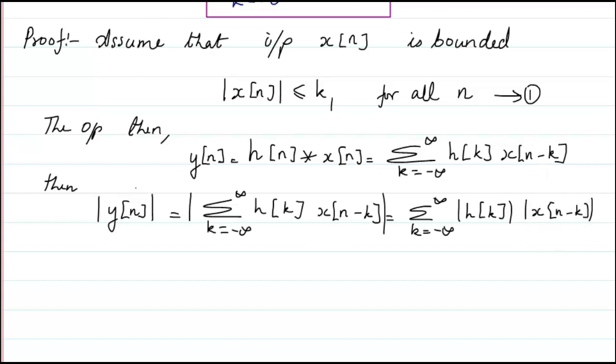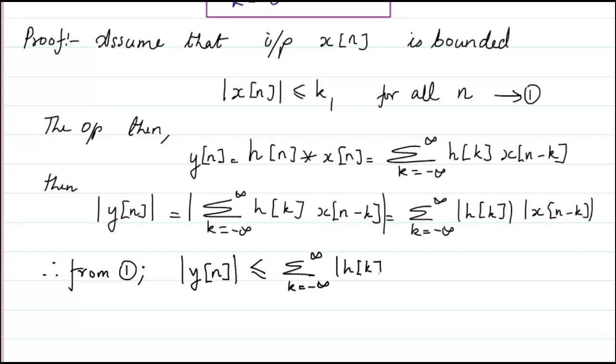Therefore, from equation 1, I can say that the absolute value of y of n will be less than or equal to the summation k equal to minus infinity to infinity of h of k, and here I am going to put k1, because I have already said that its value will never be more than k1, isn't it?